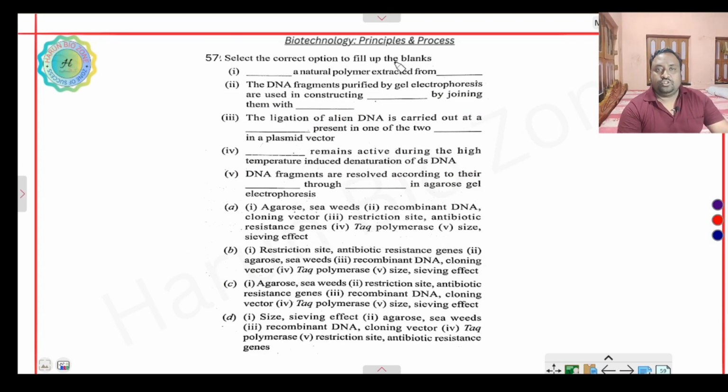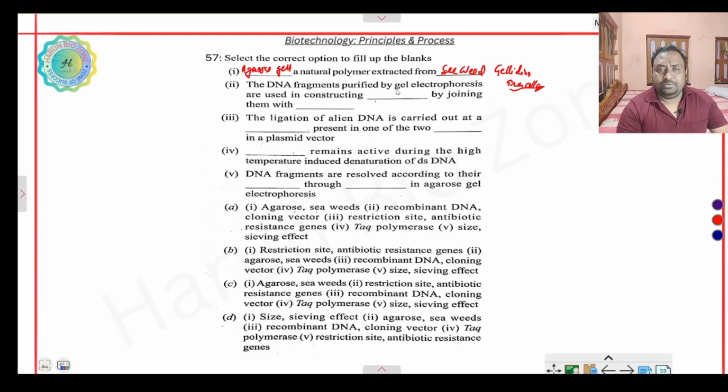select the correct option to fill out the blanks. Here agar gel, agarose gel, a natural polymer extracted from red algae, seaweeds, that is Gelidium, Gracilaria. Clear?